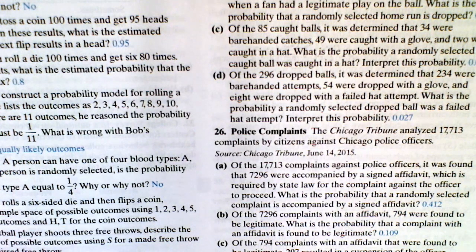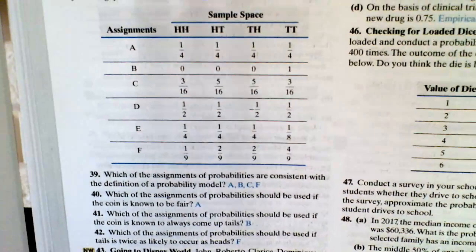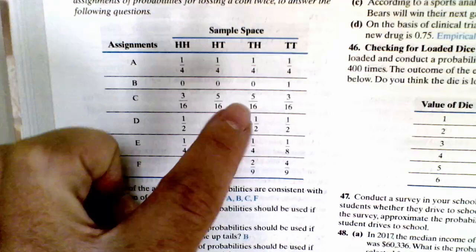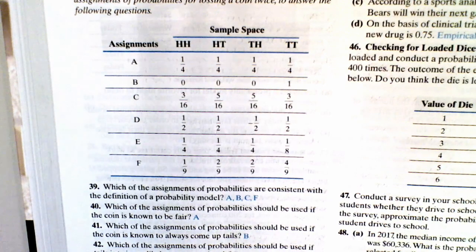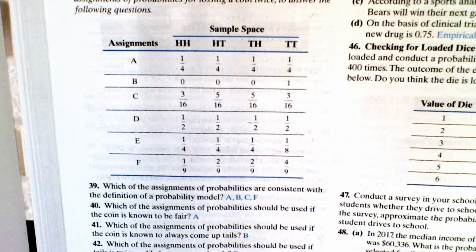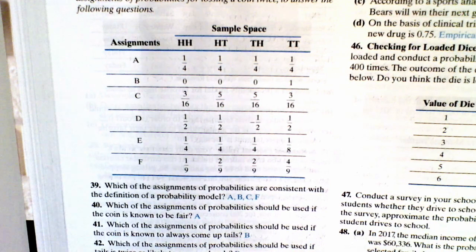Others? You can go for 40. 40 is back to the heads, tails assignment. So this table. It asked which of the assignments of probabilities should be used if the coin is known to be fair.